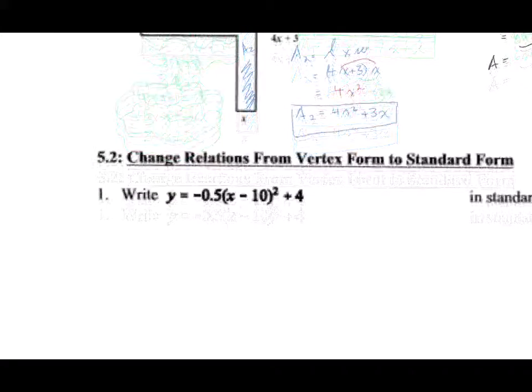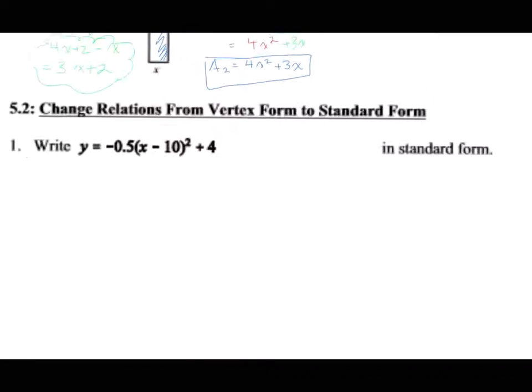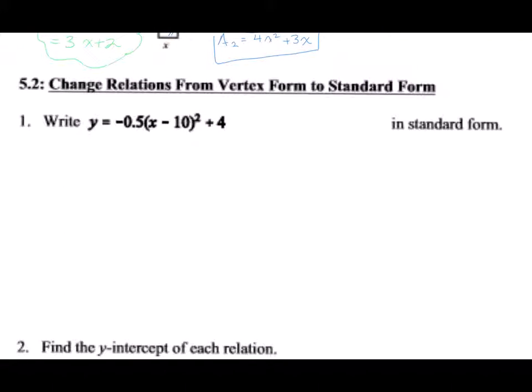So now, let's move on to changing relations from vertex to standard form. For this type of problem, notice I've got something squared. So what it means is we have to repeat that bracket, and then we just write everything else as it was before. Now let's simplify.